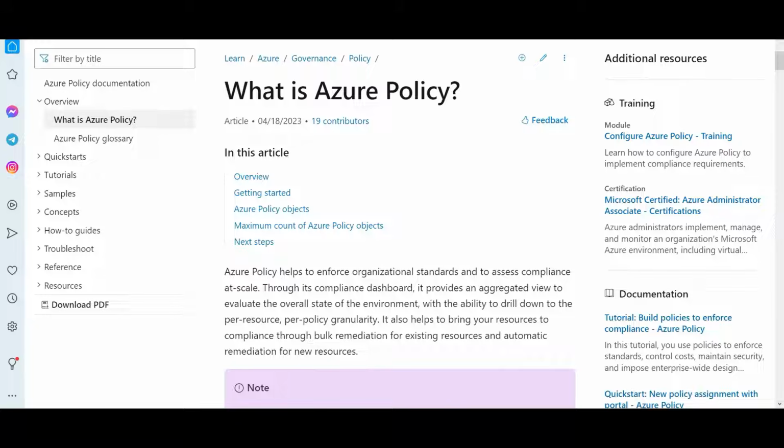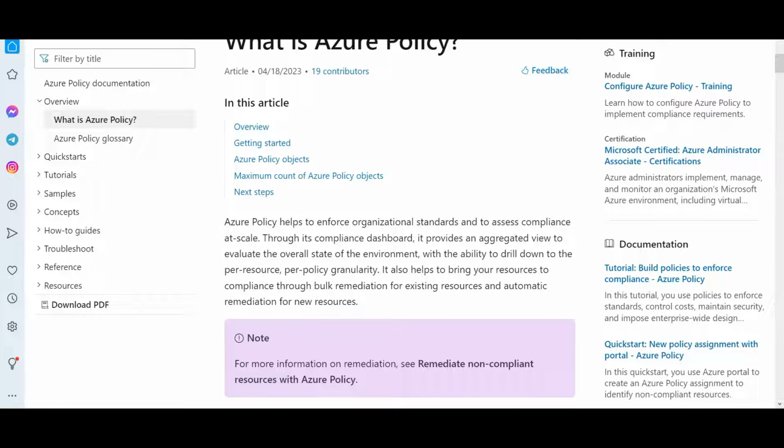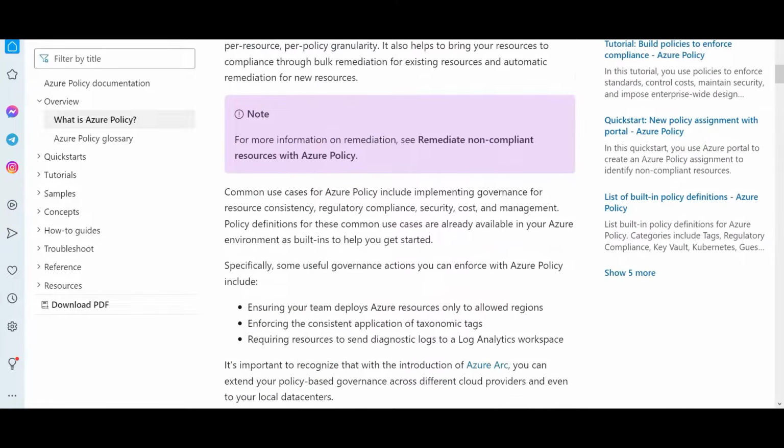Or even policy can be something like the new tax regime policy that we have, that you opt for a new tax regime, and that is also one sort of policy. So policies are meant to be enforced. So here also in the Azure environment, in the cloud environment, you can create policies and enforce them and so on. But policy enforcement in real life in the Azure world has a very different purpose.